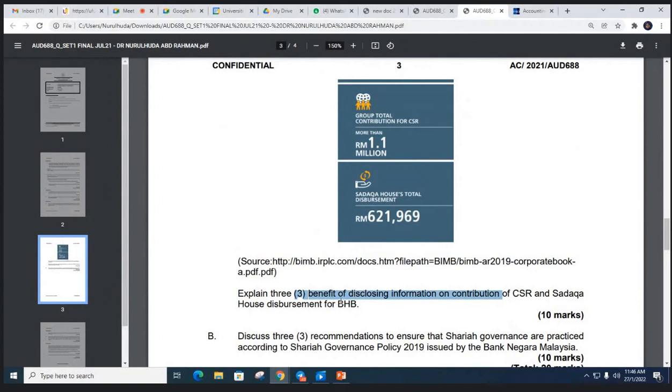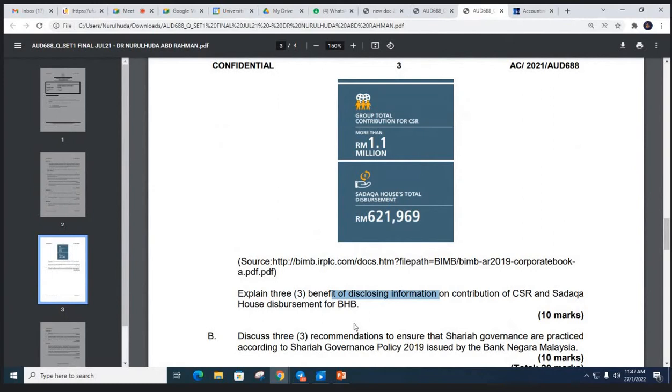Ini soalannya kalau dibaca, explain 3 benefit of disclosing information on contribution of CSR and Sadaqah House. Soalan dia bukan dia tanya benefit you buat donation, tapi benefit you disclose information. Okay. So, to show that they, you masukkan the benefit of donation boleh.